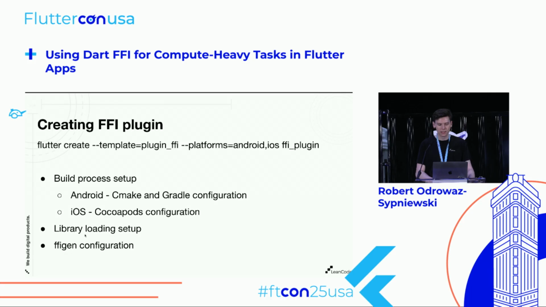And it will generate for us the library loading setup, so all of this resolving of the path to the library and the opening of the dynamic library, and ffigen configuration. ffigen is a library that generates bindings for us, so all of these lookup functions, based on native C headers.